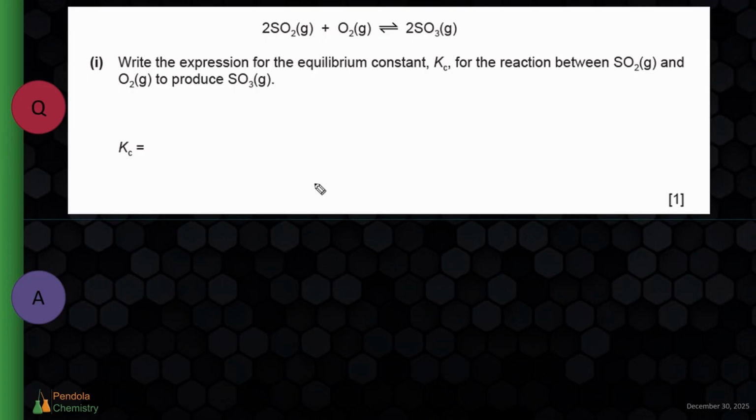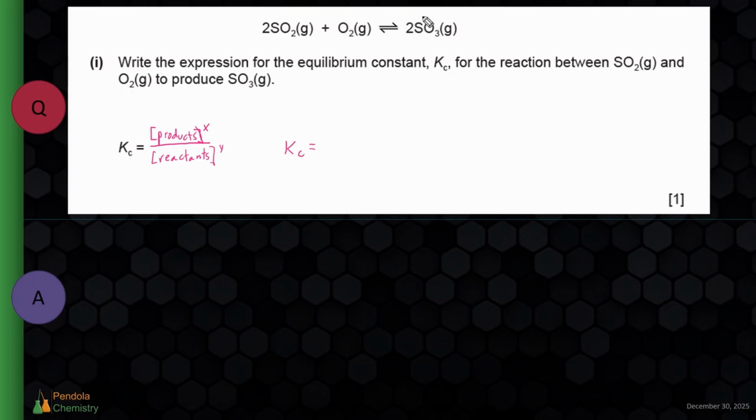Now this should be fairly straightforward because remember, all we have to do is take the concentration of the products to some exponent x, depending on what the coefficients are, divided by the concentrations of the reactants to their exponents, y. So what does that mean? That means that the equilibrium expression here is going to be, let's raise this real quick, Kc is equal to, because Kc is the equilibrium constant, the product concentration.